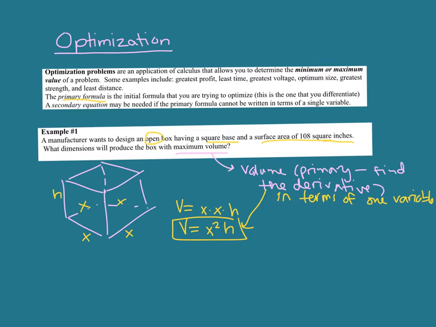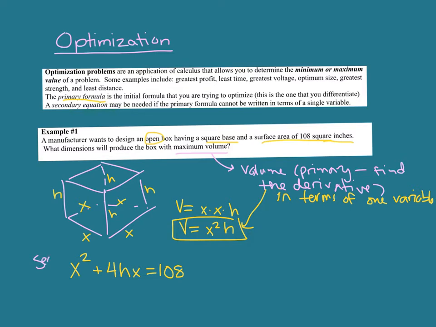So the bottom of this prism is going to have an area of x squared. Each side of it is going to have an area of h times x. Keep in mind that all of these are h's. So I'm going to have 4 sides that have an area of x times the height. So that's my surface area, and I end up getting 108 because they told me that was the surface area. So this right here is my secondary equation.